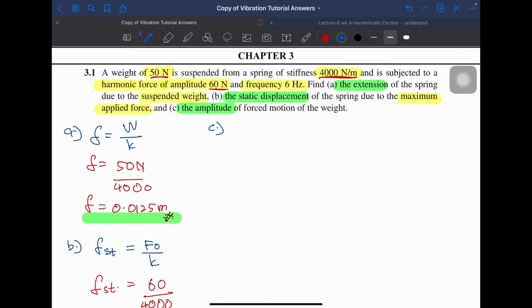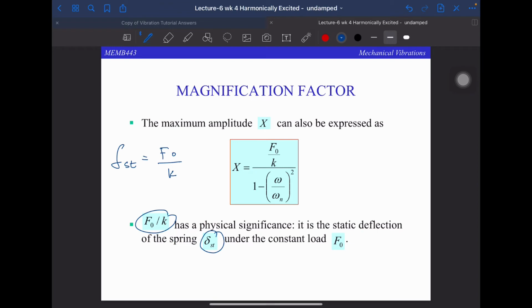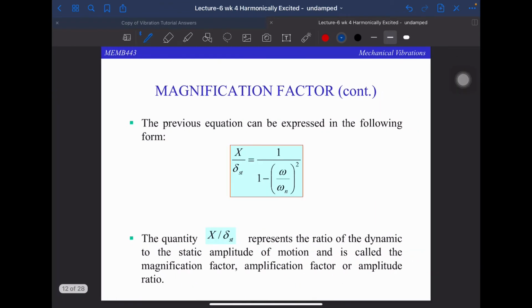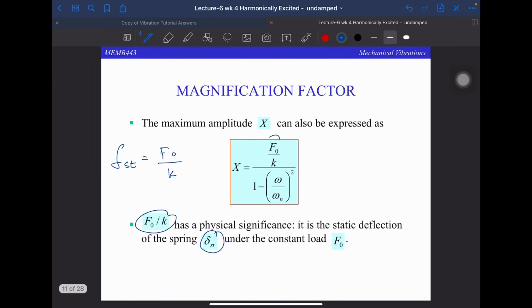For C, the question asks you to find the amplitude. So the one that we can use, also from lecture 6, is this formula over here, where x over static deflection equals 1 over 1 minus (omega over omega n) squared. It also comes from this formula here, where we know that F0 over K is static deflection.